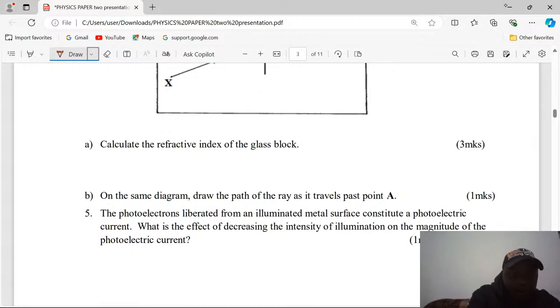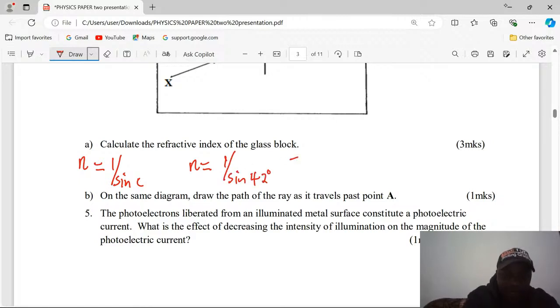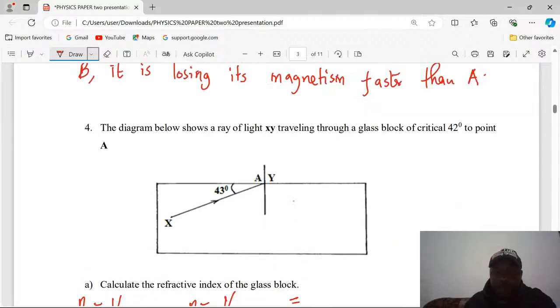Remember, refractive index is usually given by 1 over the sine of C, whereby C is the critical angle. So refractive index will be given by 1 over the sine of 42 degrees. According to the instructions there, we've been told that the glass block has a critical angle of 42.